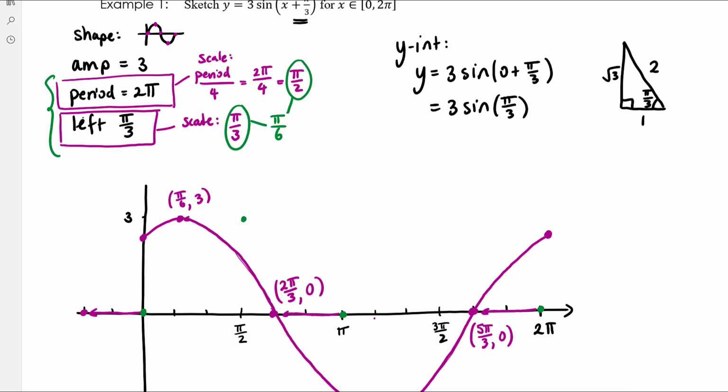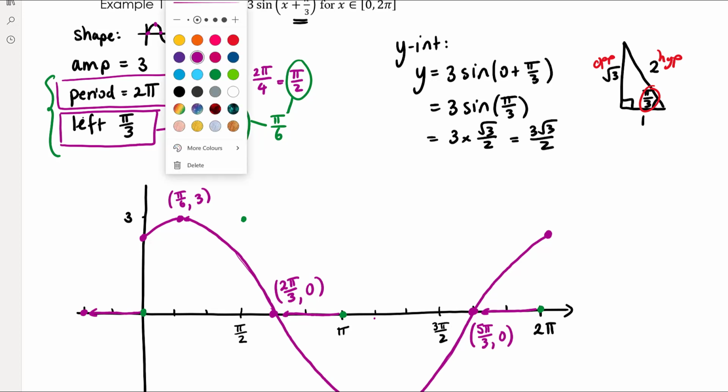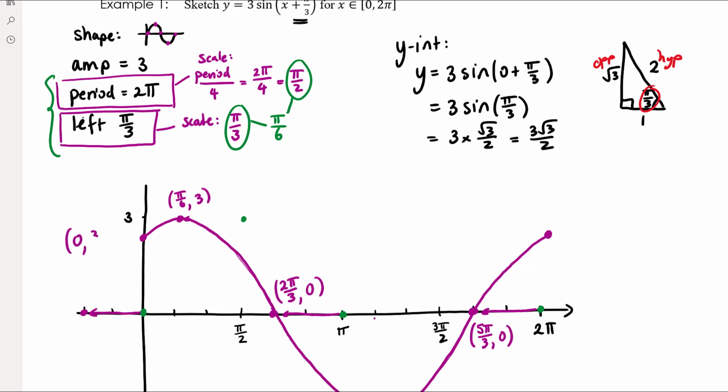And so therefore, sine of pi on 3, opposite over hypotenuse, it's going to be root 3 over 2. So we've got 3 times root 3 over 2, which means 3 root 3 on 2. So the y-intercept here is at 0, 3 root 3 over 2.